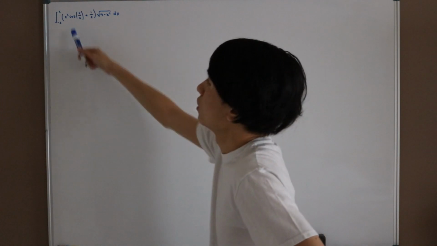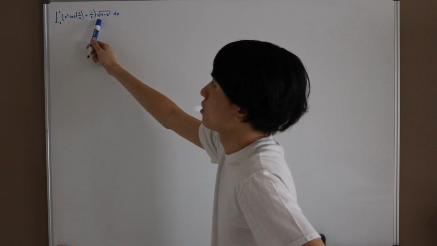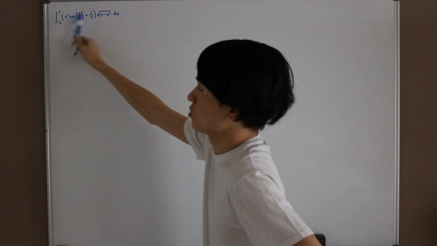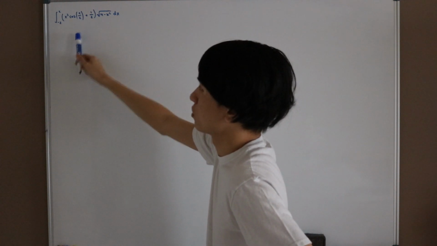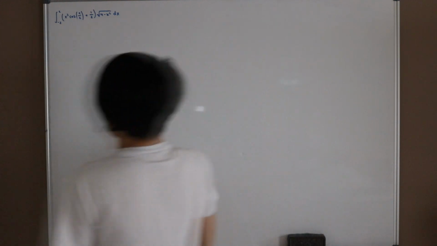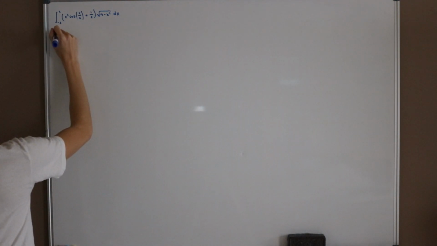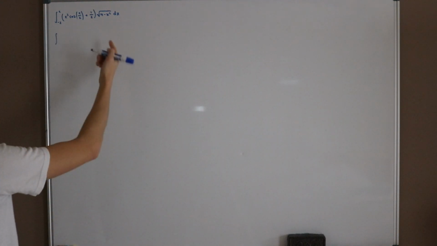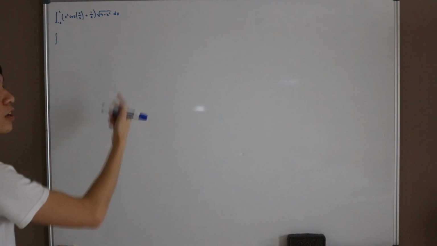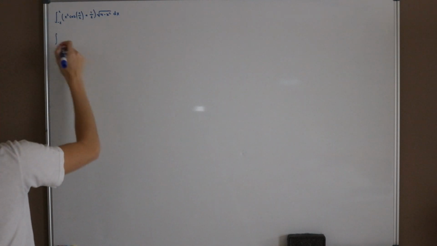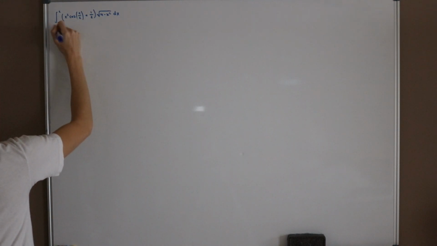Well, simple. We can just multiply the square root of 4 minus x squared into x cubed cosine x over 2 and then 1/2. So we get this, and because of the properties of addition, we can just split these into 2 integrals, so that's what I'm going to do here.